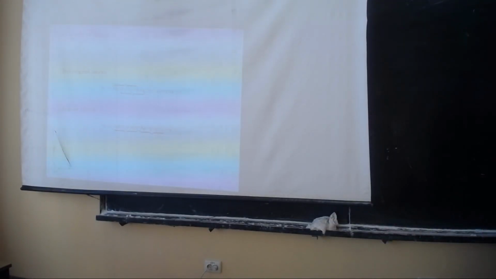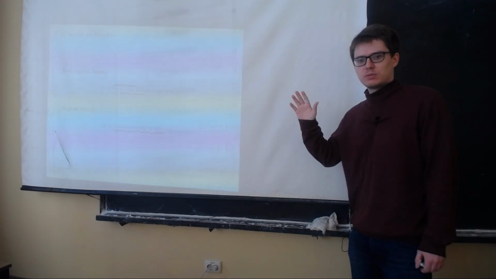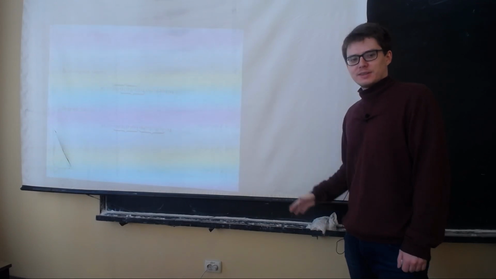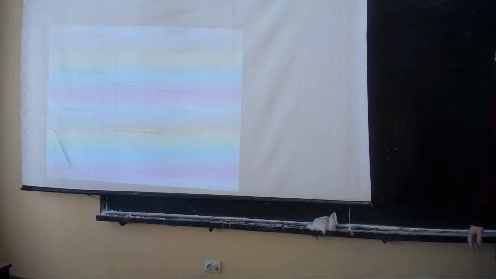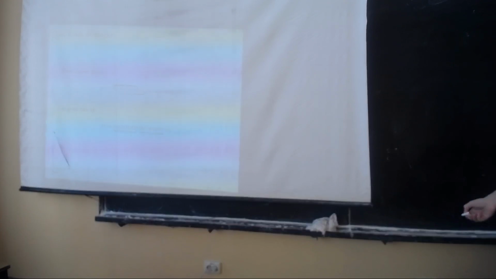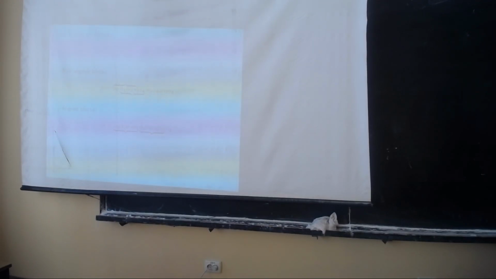I'll start. So I have some slides, but probably I will start with the blackboard and wait until the sun comes down a little bit. So the talk is devoted to finite state dimension.